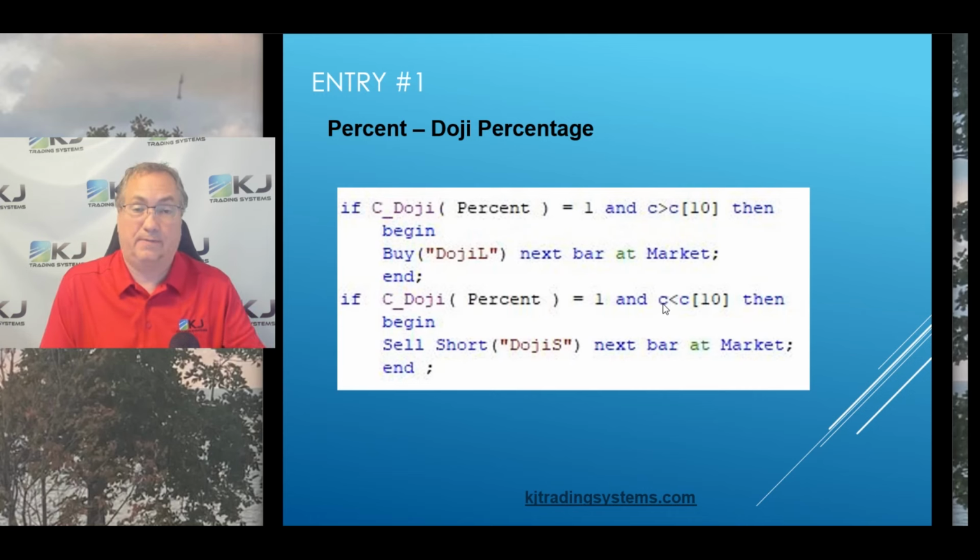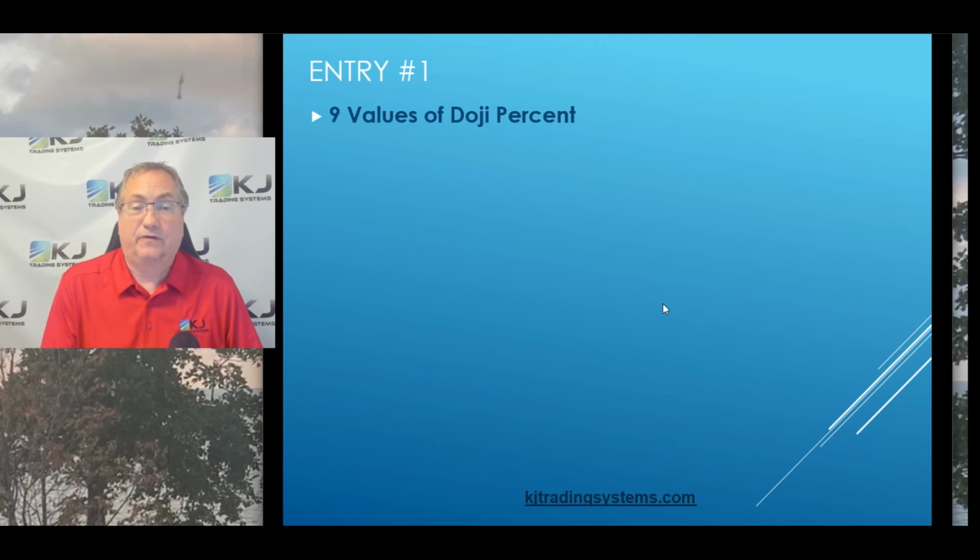Okay, so this is a little bit different than you might have seen or heard dojis being used, but I like to test a lot of different things, and we'll see what happens. Okay, so I'm going to use 9 different values of that doji percentage. Remember, I said I wanted to go 60 to 100%.